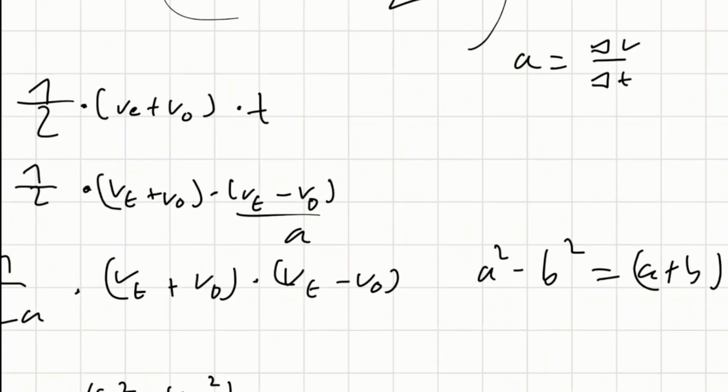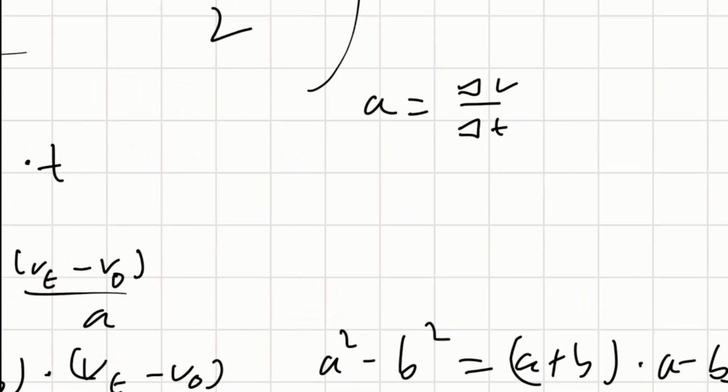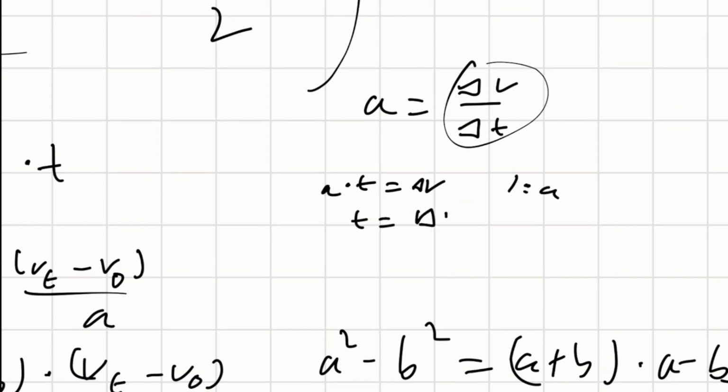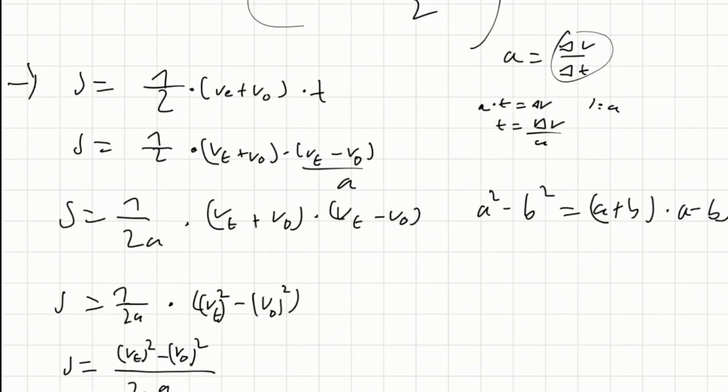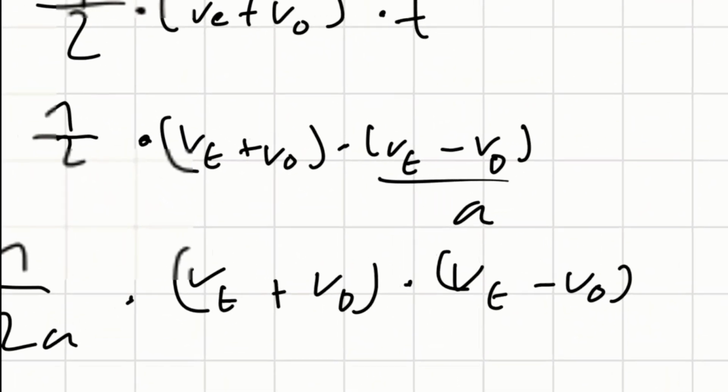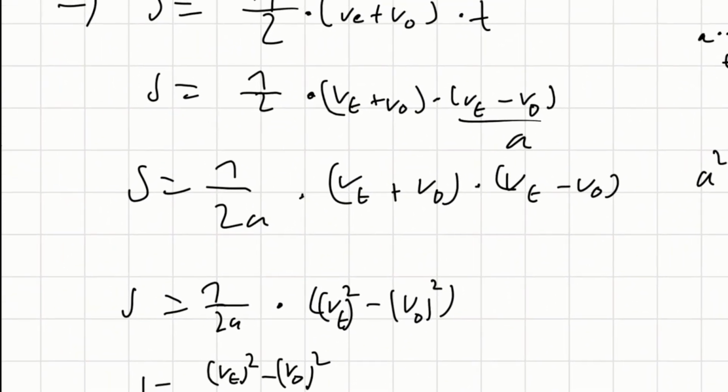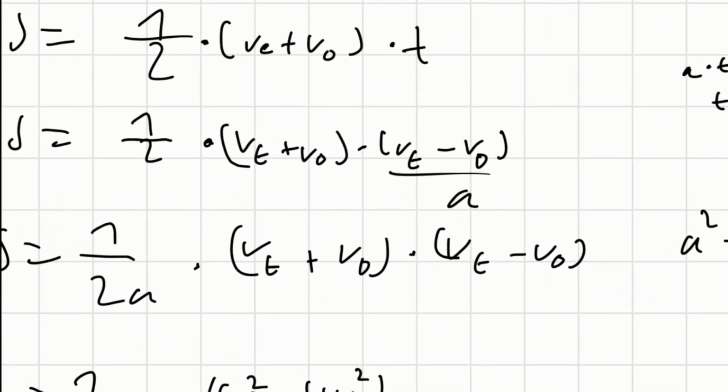Let's try to get in our a. How can we get this? We just look at which formula has an a in it, and this has an a in it. So we say a times t equals delta v, delta speed. If we divide this by a, we get time equals delta speed divided by a. And what a wonder, now we actually have an a in it. So now comes a nice algebraic trick.